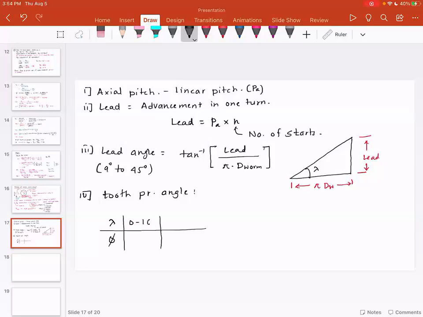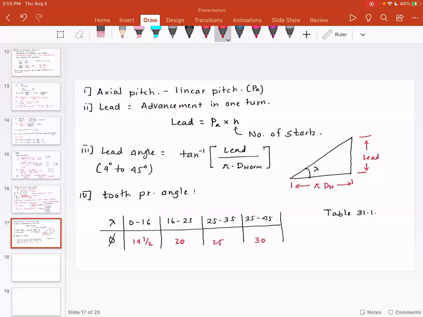So if the lead angle is 9 to 16, 16 to 25, 25 to 35, 35 to 45, this is table 31.1. And this is 14.5, this is 20, this is 25, this is 30.